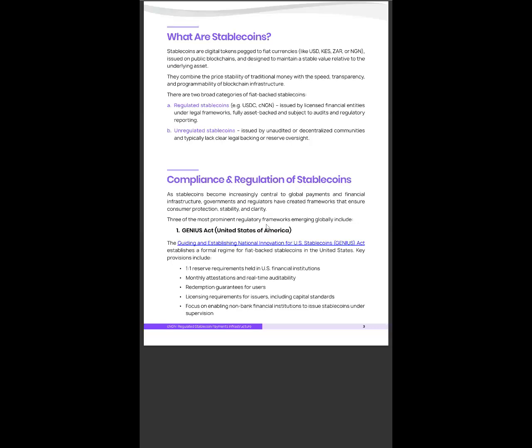But yeah, there are three of the most prominent regulatory frameworks emerging globally: the Genius Act in the United States under the Trump government, MiCA in Europe, and then the SEC framework in Nigeria. Those are some of the regulations that have picked up a lot of interest.